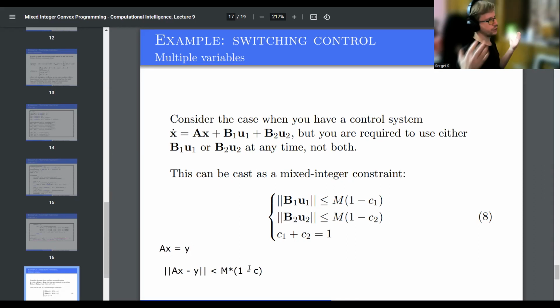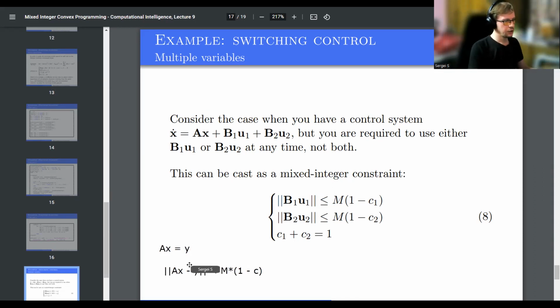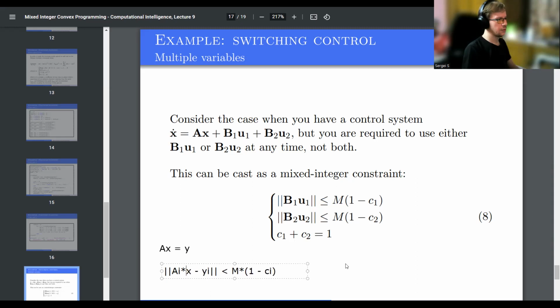And if you have n of those constraints, you have, like here you would have, for example, the identity. Okay. So this is how you relax equality constraint like this.